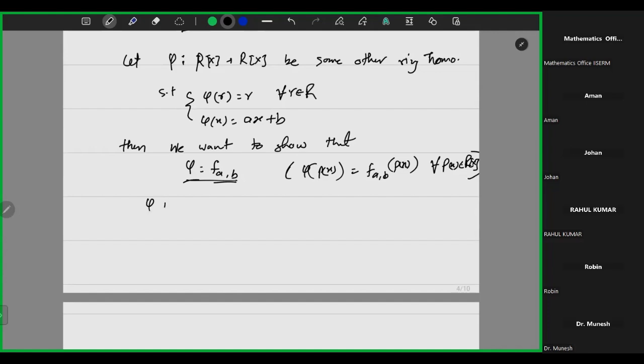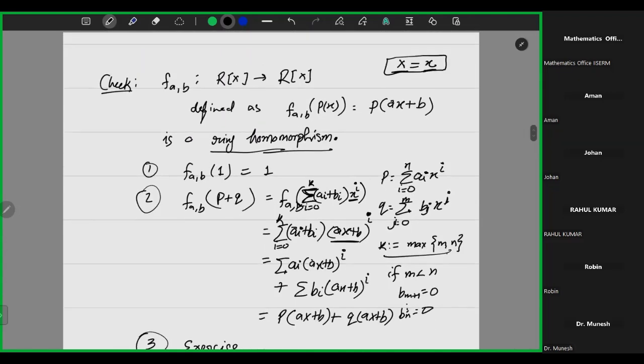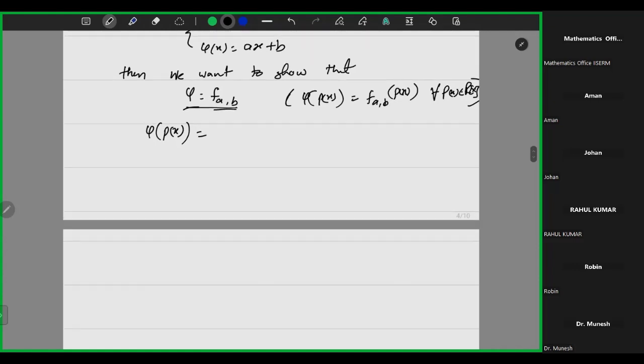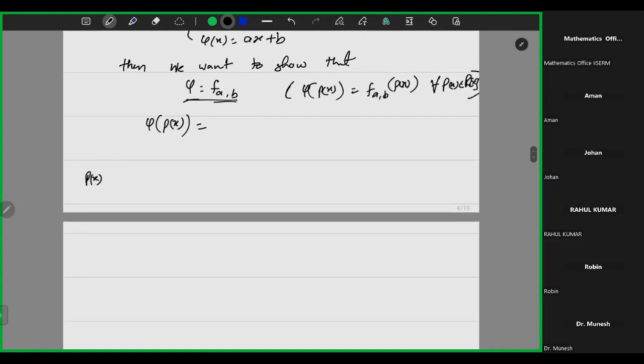So how to show this? We evaluate phi at some p(x). Initially it was the summation of a_i x to the power i, so let p(x) be a_0 plus up to a_n x to the power n. Then this becomes phi of a_0 plus phi of a_1 into phi of x, and so on, up to phi of a_n times phi of x to the power n.